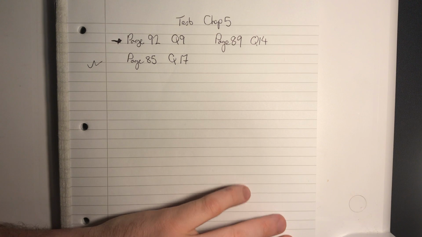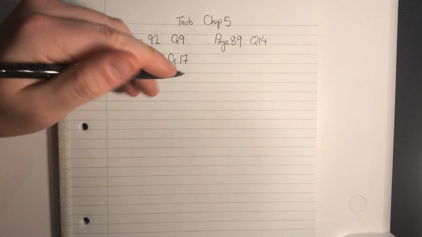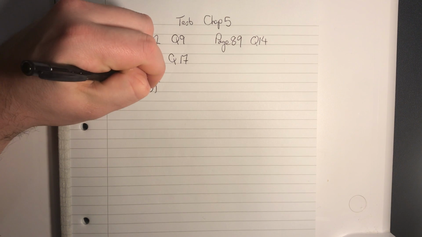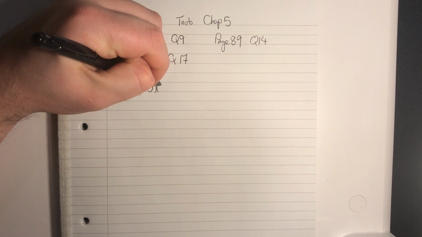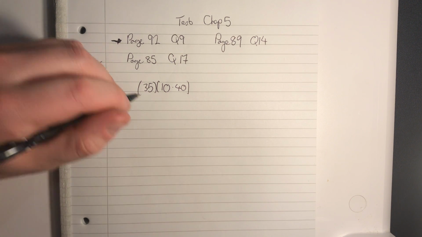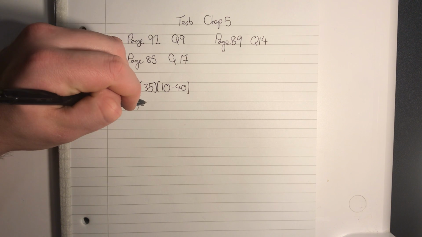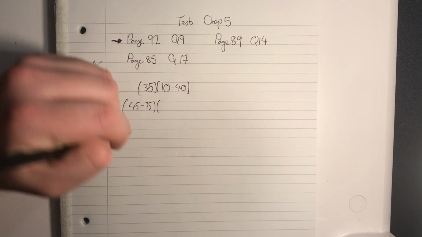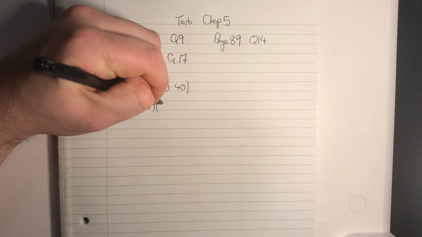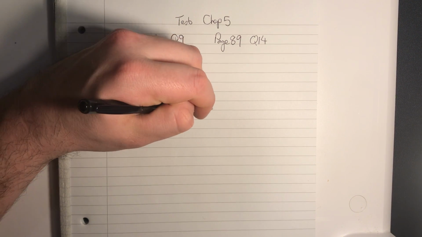If in a particular week she worked 45 hours, fine. Her gross wage for the week: she definitely has 35 hours, so she's definitely going to have 35 times 10.40. And she will also have 45 minus 35, which is 10 hours, at 10.40 plus 5.20.